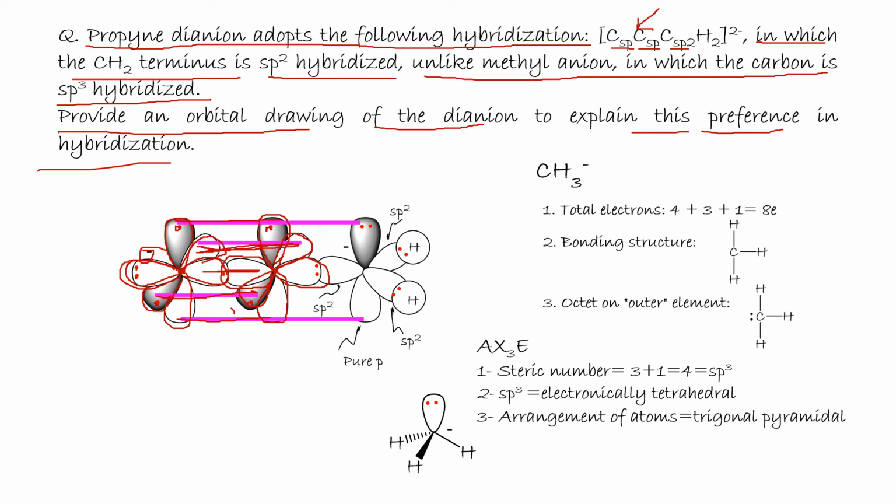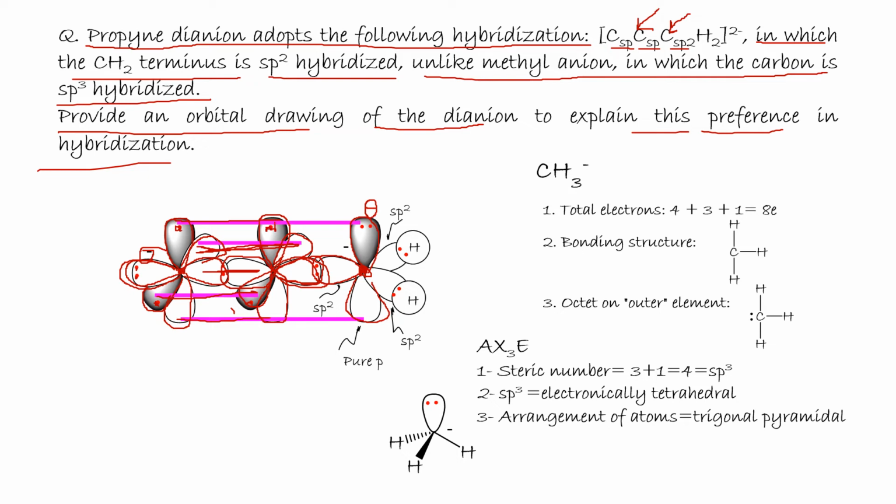Here we have 1 sp left, which will overlap with the sp2 orbital from this carbon, which as mentioned is sp2, so it has only 1 p orbital. Recall that this carbon has a negative charge, so it has 2 electrons, two electrons with one electron with one electron.